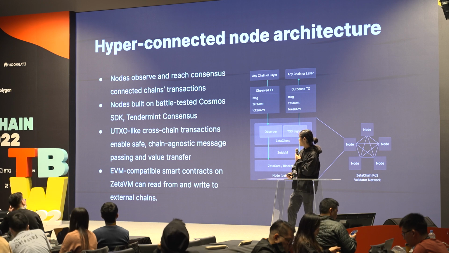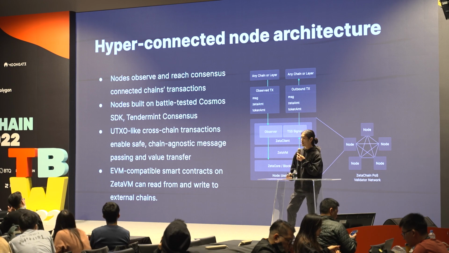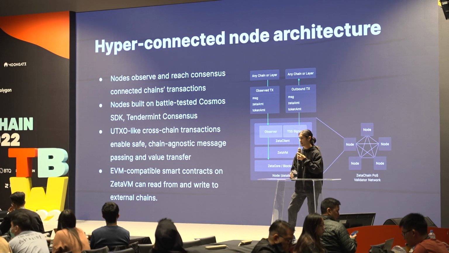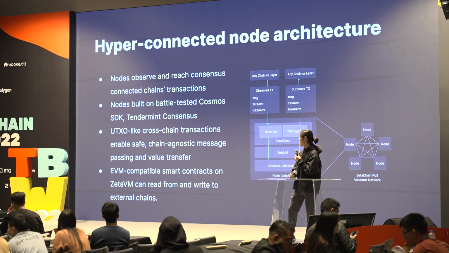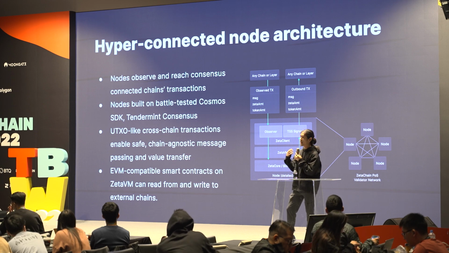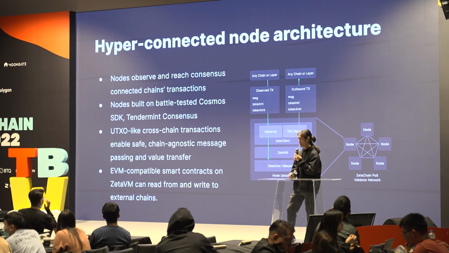So how we work, just a high level, is our nodes are able to read relevant transactions from external chains and reach consensus on them. And in turn, it uses that TSS bit to be able to sign transactions as if it were a hot wallet on those chains.